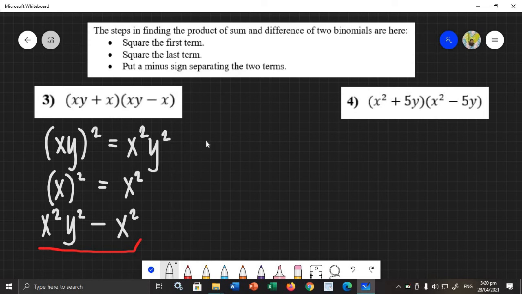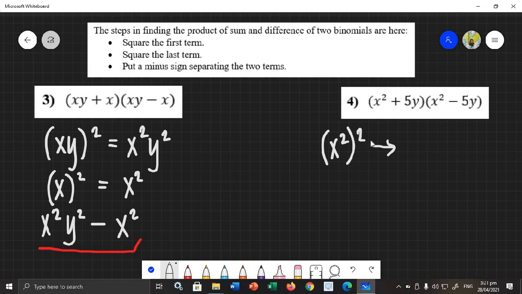For our last example, this is also a sum and difference of two binomials. Following the steps, we need to square the first term. The first term is x raised to the second power, so we need to square this.